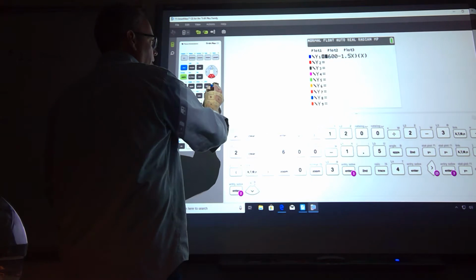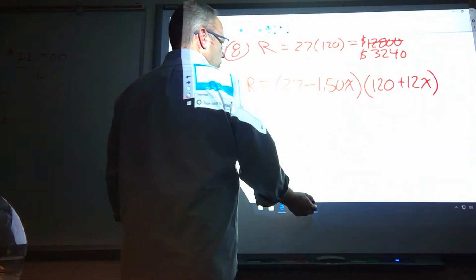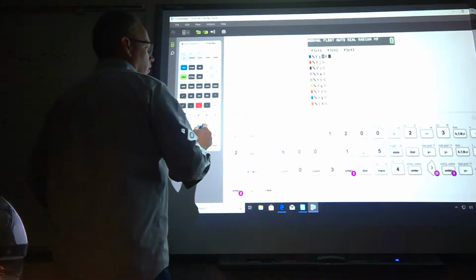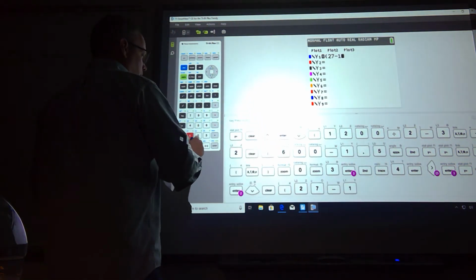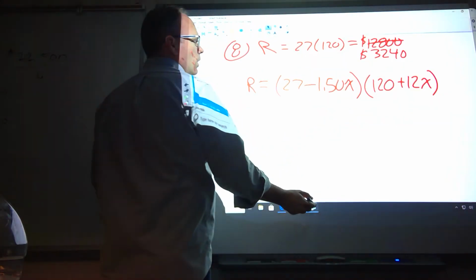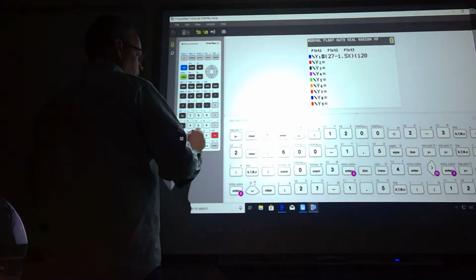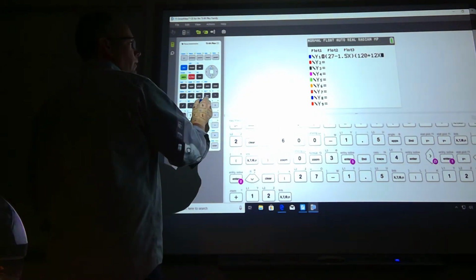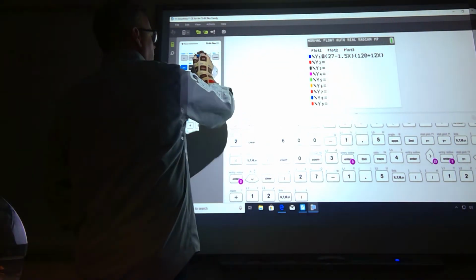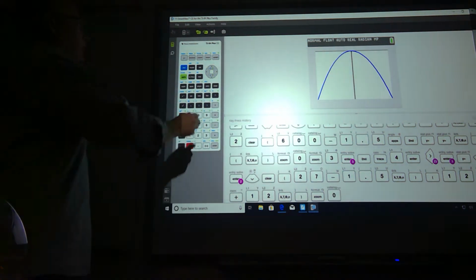All right. So my first equation was 27 minus 1.5x, close parentheses, open parentheses, 120 plus 12x. And then zoom fit. That looks all right.